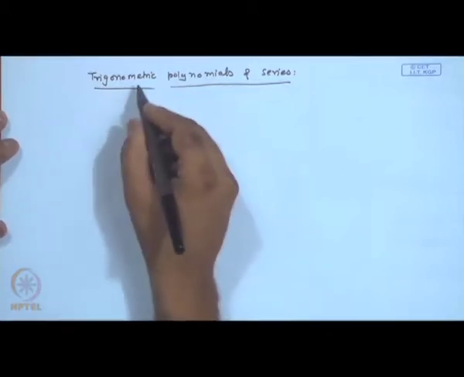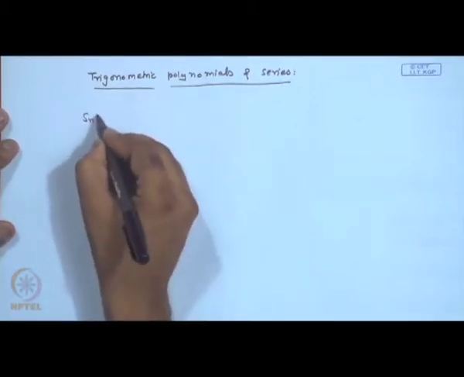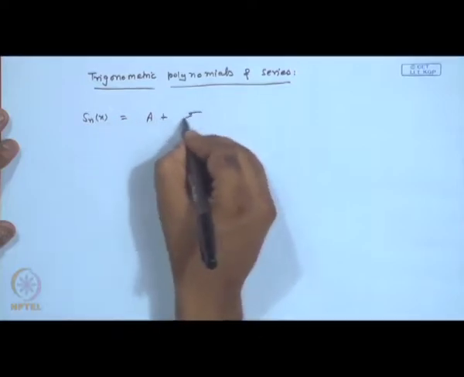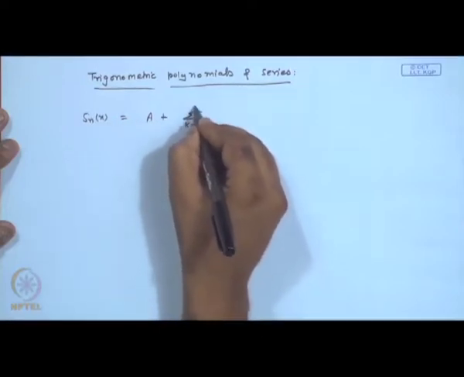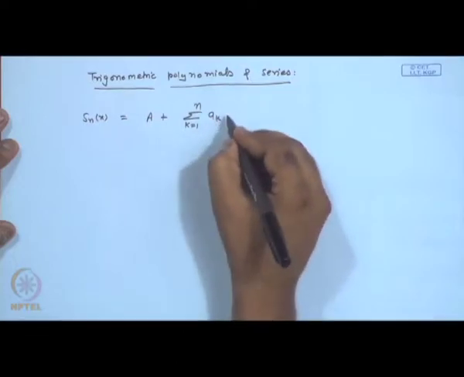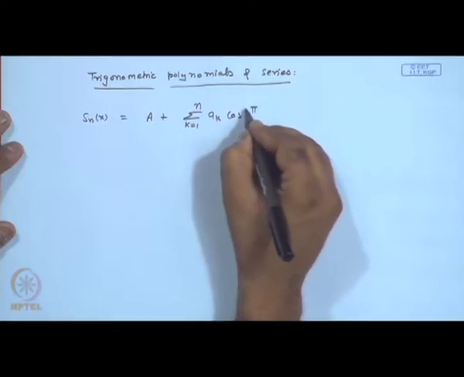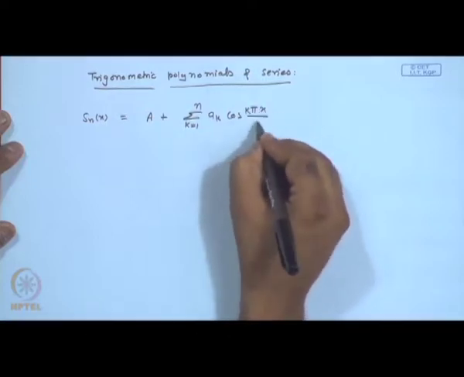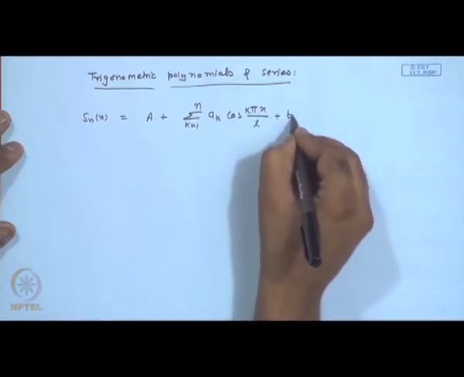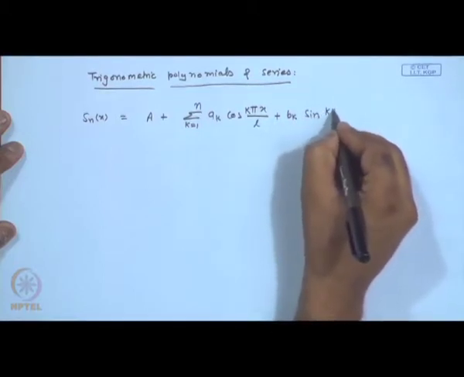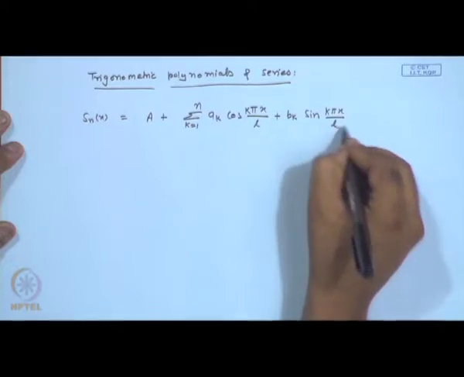A trigonometric polynomial of order n is defined, I will call it S_n(x), as some constant plus the sum from k equal to 1 to n of another constant a_k cos(k pi x over L) plus b_k sin(k pi x over L).